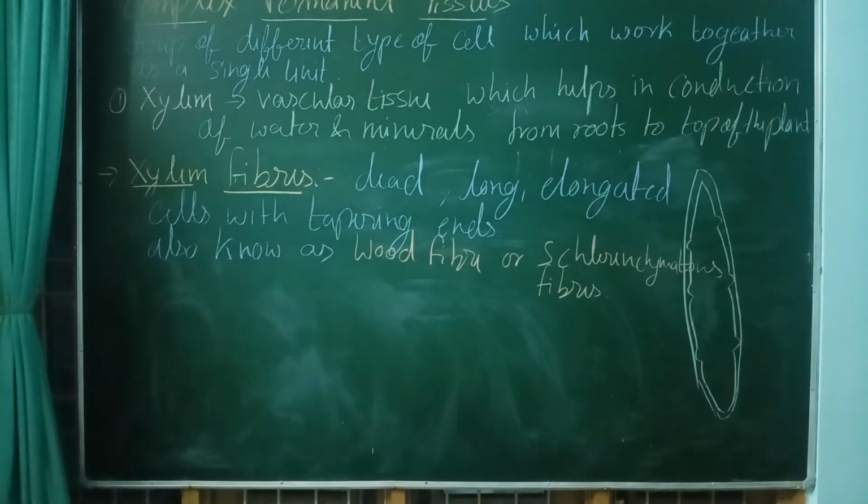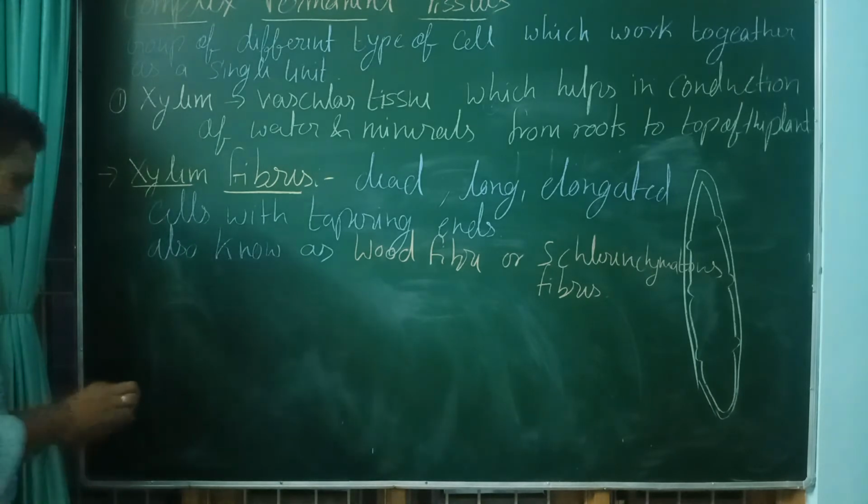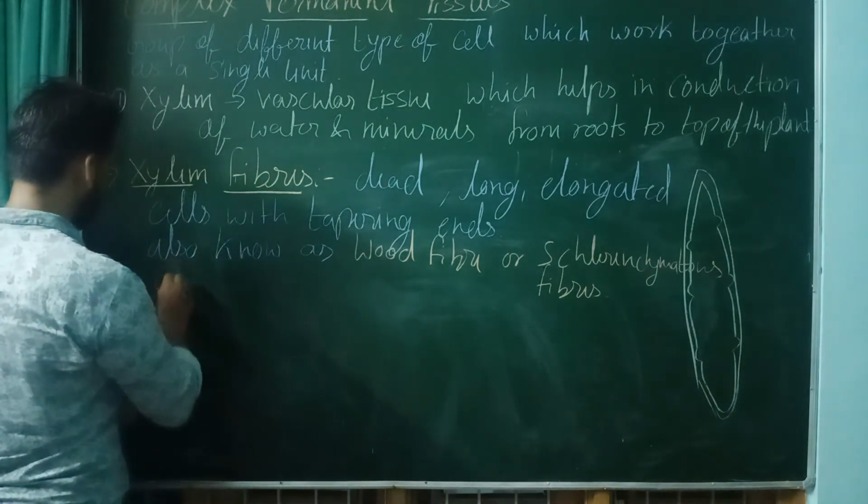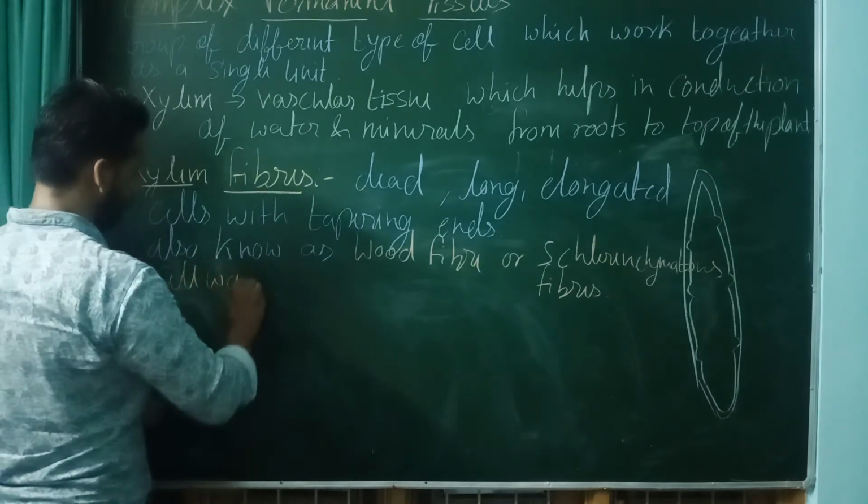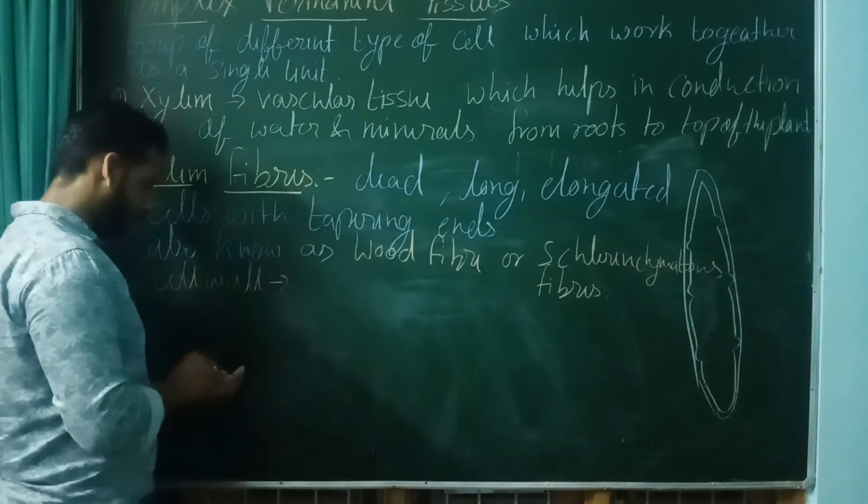Got it? These are the dead cells which are long, elongated, and here the cell wall is again lignified.